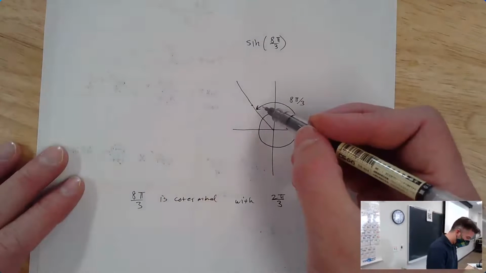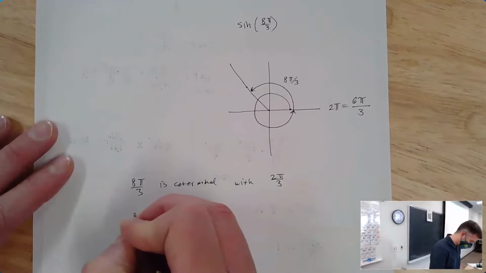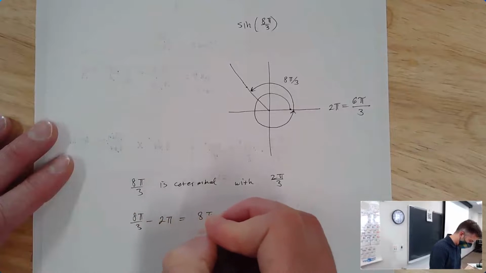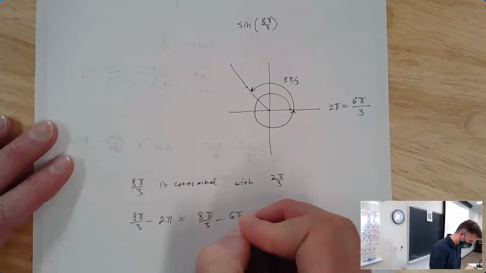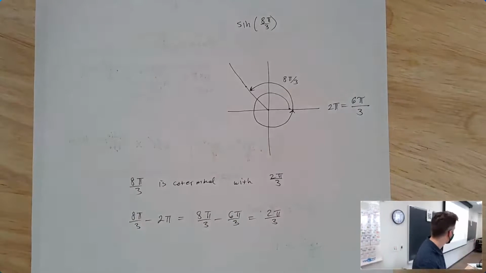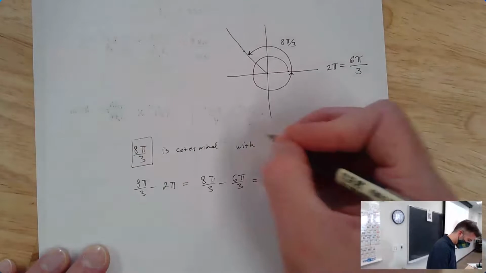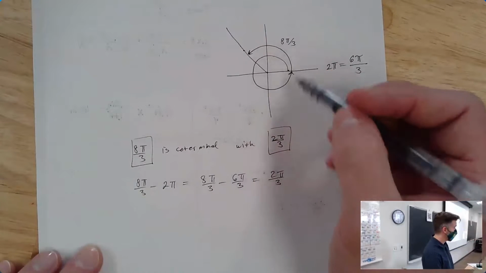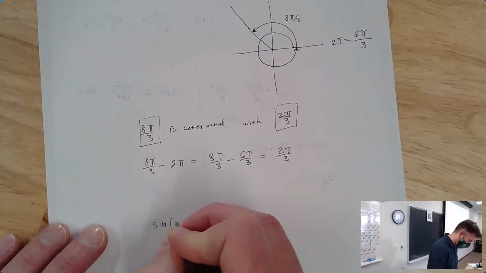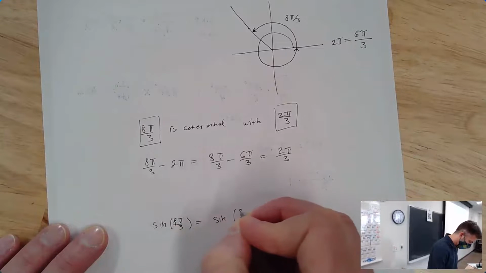Because if we go back one revolution from there, if we subtract 2 pi, that's going to be 8 pi over 3 minus 6 pi over 3, which is 2 pi over 3. So these angles, 8 pi over 3 and 2 pi over 3, end at the same spot. So if I'm trying to find sine of 8 pi over 3, it's the same as finding sine of 2 pi over 3.